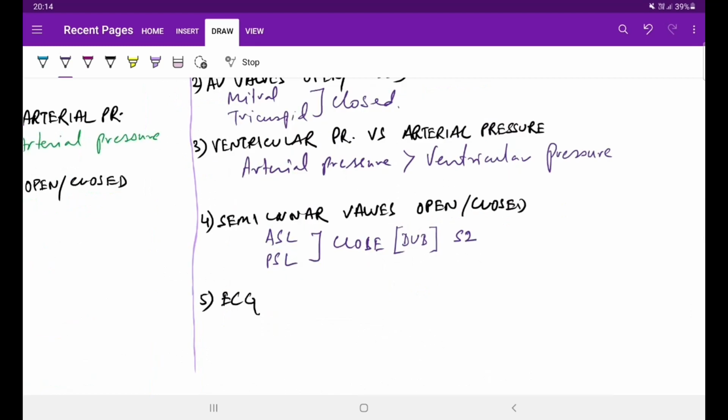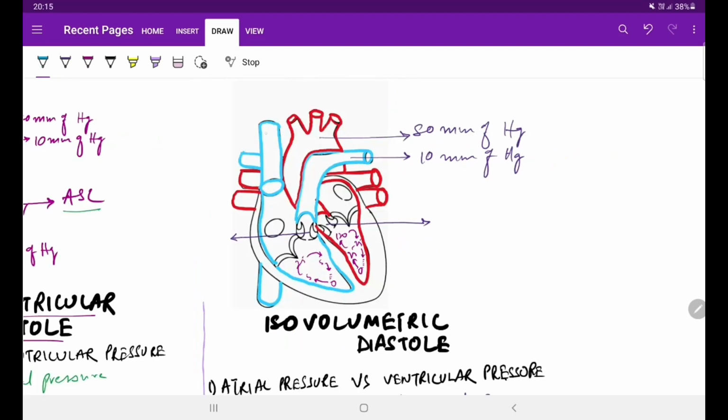Now, the wave which we will see on the ECG will be because of the expansion or relaxation of these heart chambers, and that is the T wave, and it is again a very smooth wave which is produced at the end of the ECG graph. And at the same time, the blood flow starts into the right atrium.